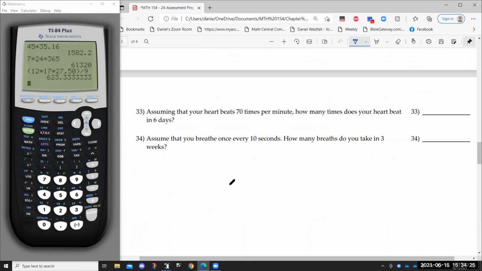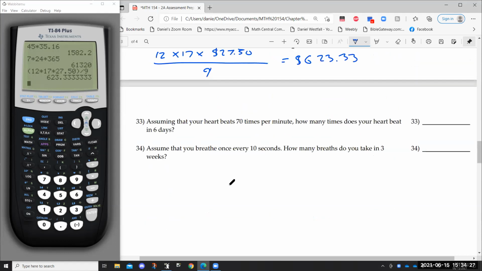Got just a couple more here. Assuming that your heart beats at 70 beats per minute. How many times does your heart beat in 6 days? So there's going to be 60 minutes in 1 hour.